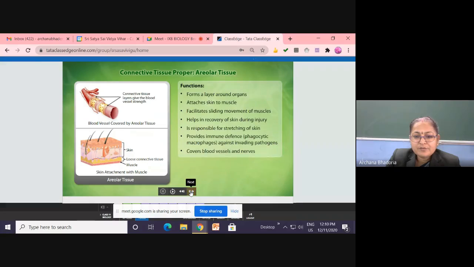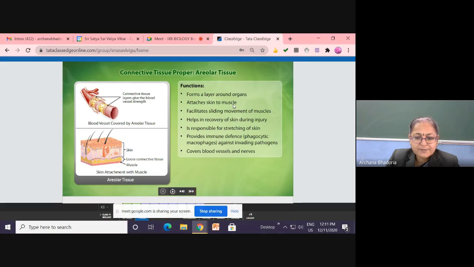Now, next one, you can quickly note down the functions of areolar tissue. It forms a layer around the organs, attaches skin to the muscles. Take down the functions quickly. So take a first point, layer around organs, attaches skin to muscles.